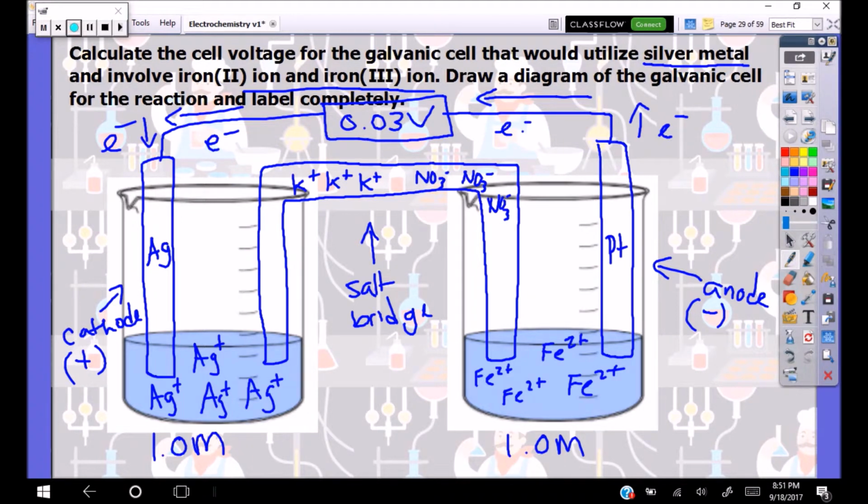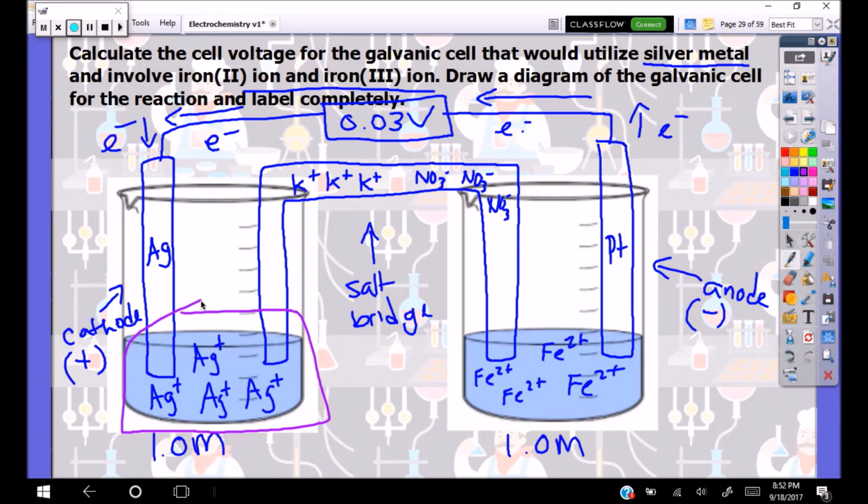Now, what's actually happening here once we get started is really, really cool. As electrons are flowing from the platinum anode to the silver cathode, it means that negative charge is flowing into this solution here, where we have all of these silver ions.